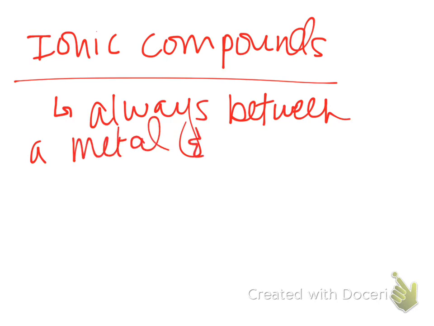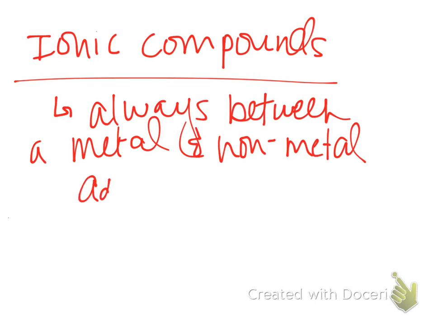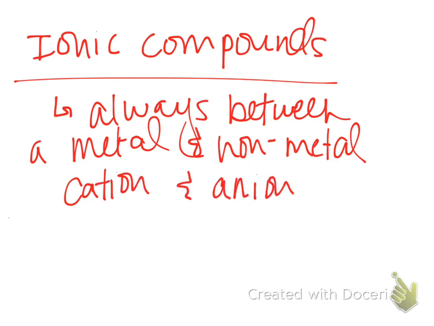Sorry, I left that off earlier. Or you can think of it as a cation and an anion, a positive charge and a negative charge. The ones we're doing today are always going to be between a positively charged particle and a negatively charged particle. We'll get to ones that don't follow that rule later, but all of these are ionic compounds.